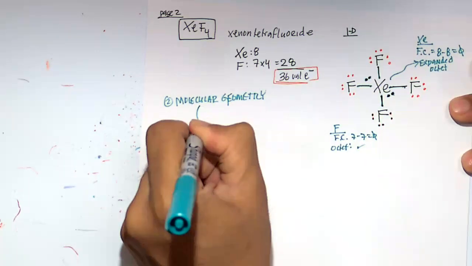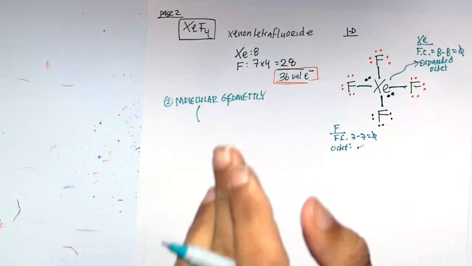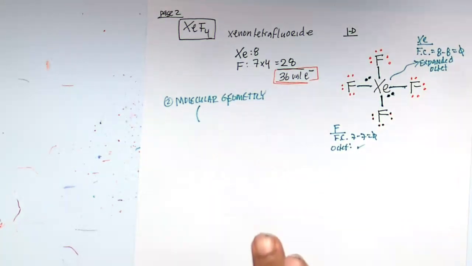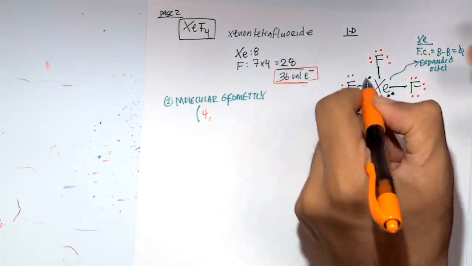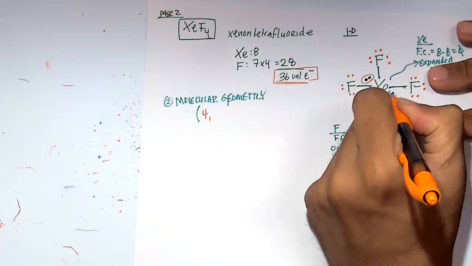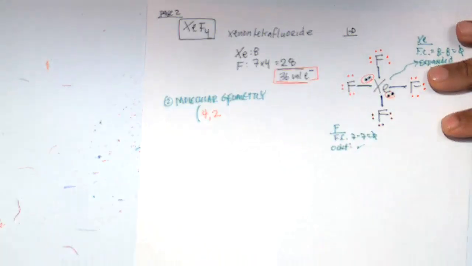So you need to ask yourselves how many bonds and how many lone pairs. Okay, so how many bonds do we have here? 4 bonds and how many lone pairs? 4 bonds and 2 lone pairs.